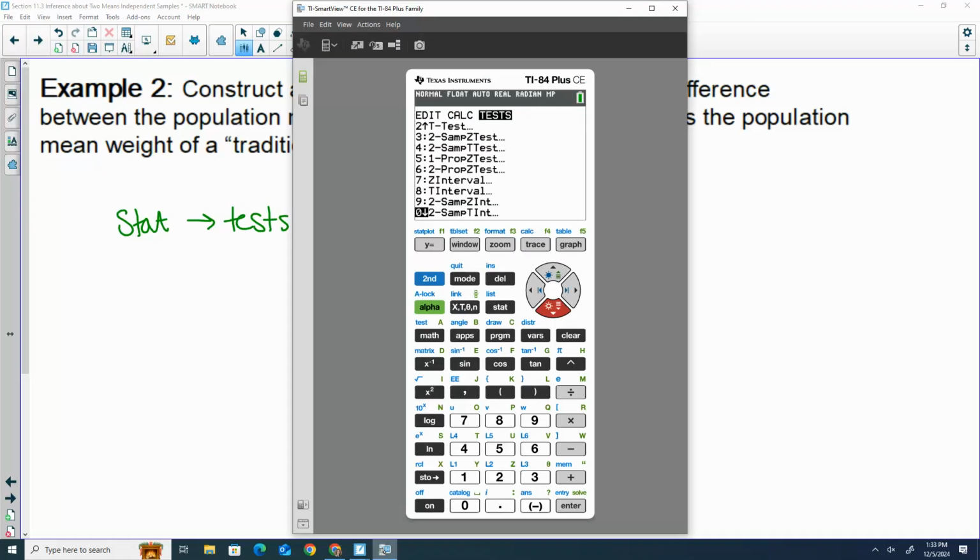So same labels, we're used to either t-test or t-interval, so the only difference is 2-sample t-test, 2-sample t-interval. Again, we have data, list 1 is L1, list 2 is L2, and we have the same confidence level. I said 0.95. Pooled should be no, and calculate.